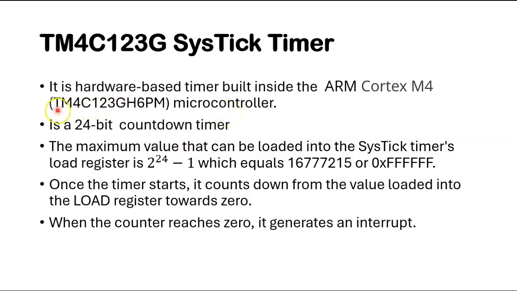microcontroller. In our case, our microcontroller is the TM4C123G. Now, it is a 24-bit countdown timer, and the maximum value that can be loaded into the SysTick timer's load register is 2 to the power of 24 minus 1, which equals 16777215, or hex FFFFFF.